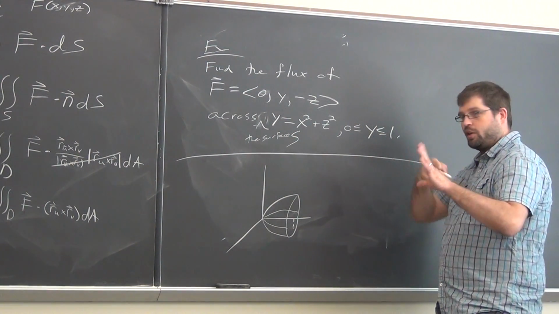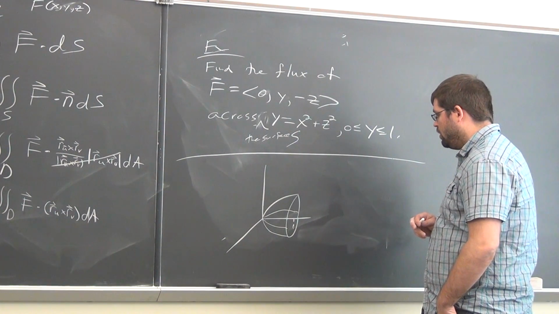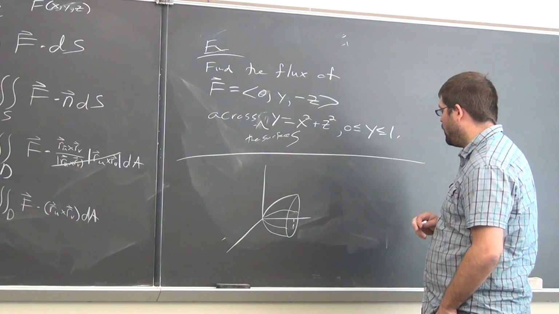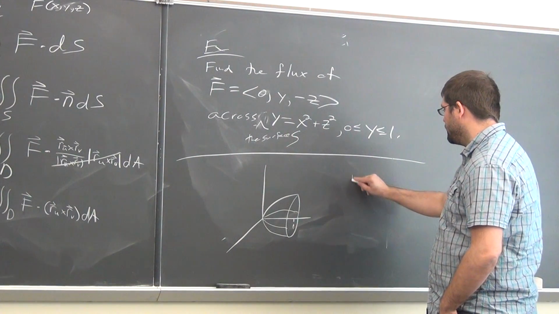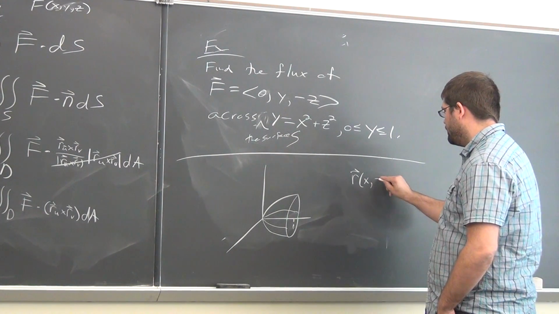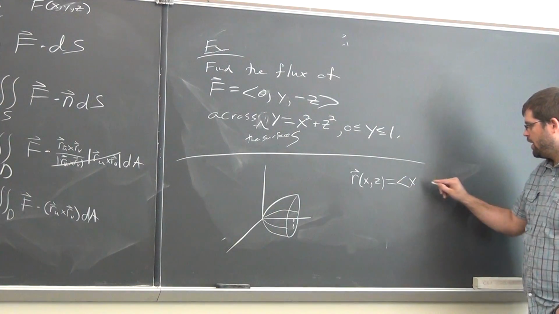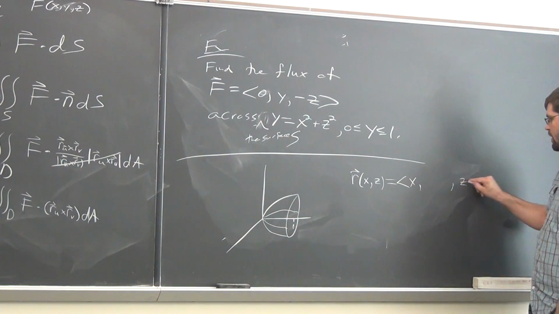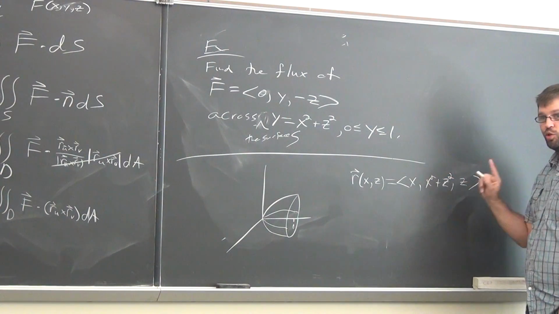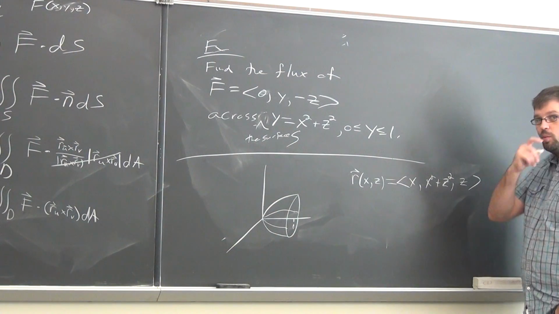You could do stuff where you're getting circles and other interesting things here. But I would say the easiest parameterization is just x, z, x, z, and the y is x squared plus z squared. Now there are some drawbacks to that, but let's not worry about those too much yet.